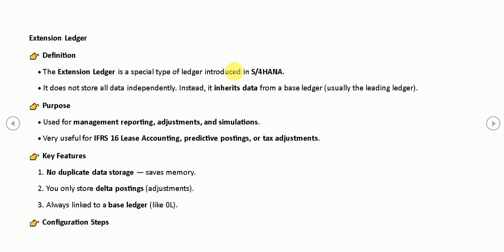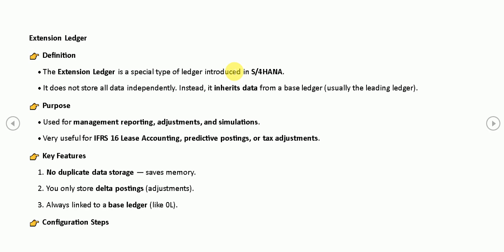Okay, the purpose: it is used for management reporting, adjustments and simulation. Sometimes we use it for management reporting purposes, adjustment entries and simulations. Very useful for IFRS 16 lease accounting, predictive postings or tax adjustments. Some kinds of adjustment entries we can do in our extension ledger, which will not be part of our table level transactions.